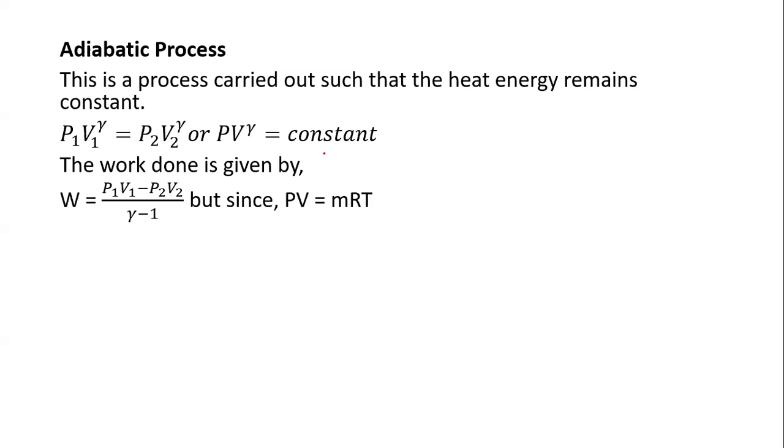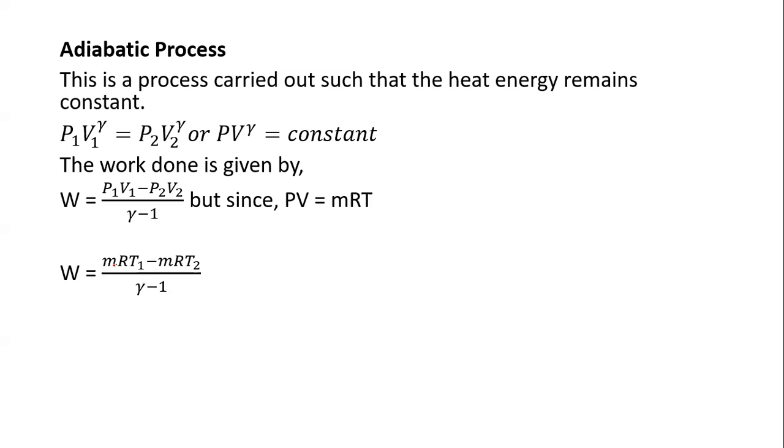That's one way. But because we've already said PV equals MRT, where there's PV, you can substitute this. So it will look like this: MRT1 minus MRT2, because P1 V1 is going to be equal to MRT1, and the same for P2 V2, which is equal to MRT2, divided by gamma minus 1.